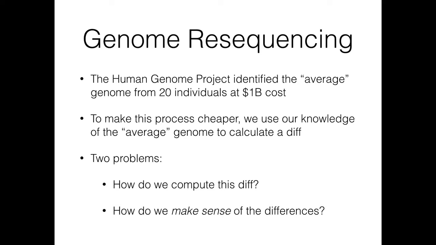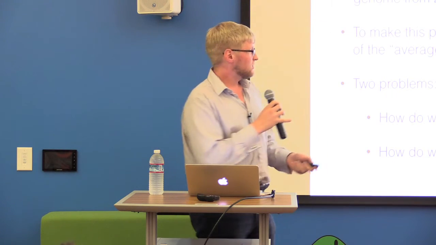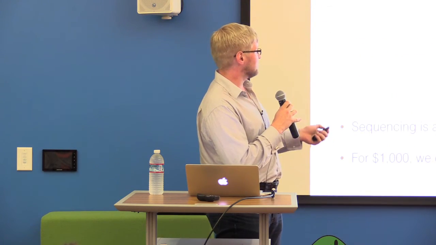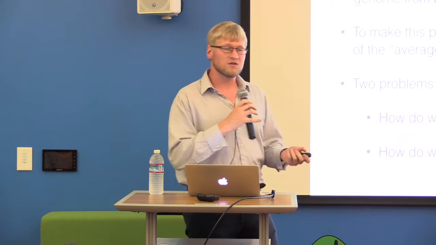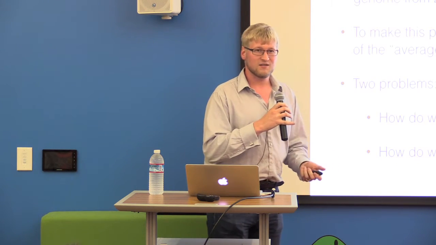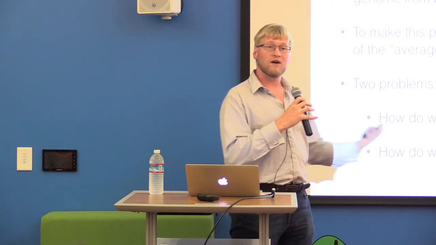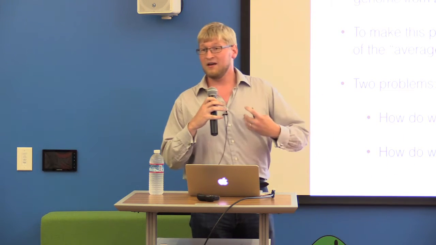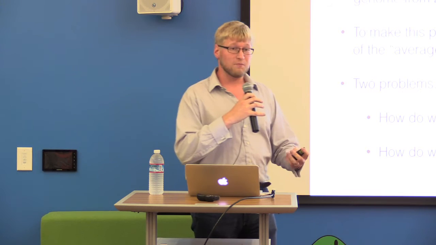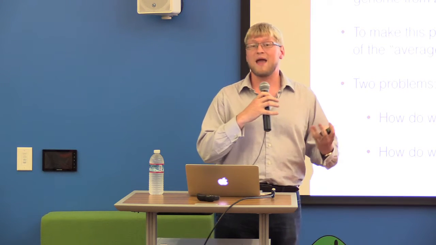So, we established earlier we're 99.9% the same. So the big thing that we're going to do with these little substrings is use them to calculate a diff. We're going to figure out where this string maps to the genome. Is it different from the genome at that place? Is it really different? Is it just some error that we saw?